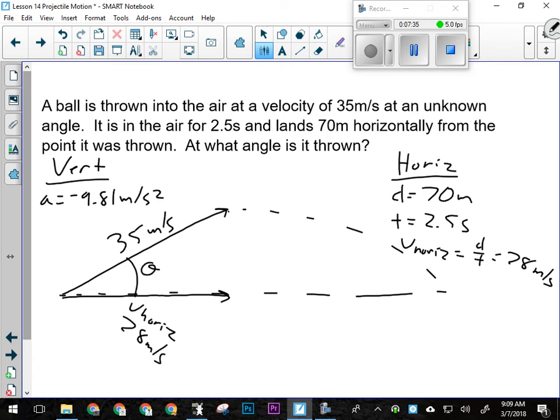If I have two sides of a triangle, can I find the angle? Does that mean that I could find this side of the triangle? I could. I can either use Pythagorean theorem in reverse, or I can find the angle and use trig, whichever. Probably the easiest way, since I'm just wanting to find the angle, is to use trigonometry here.